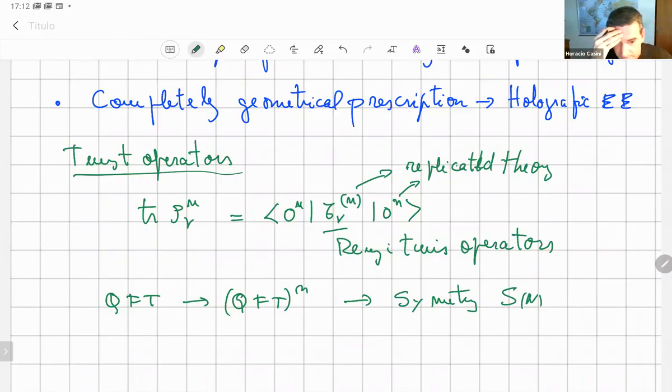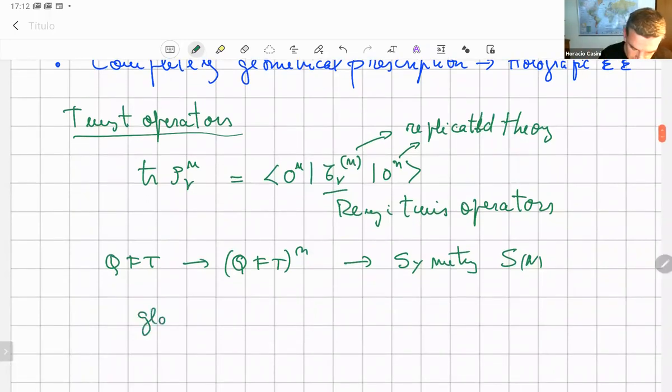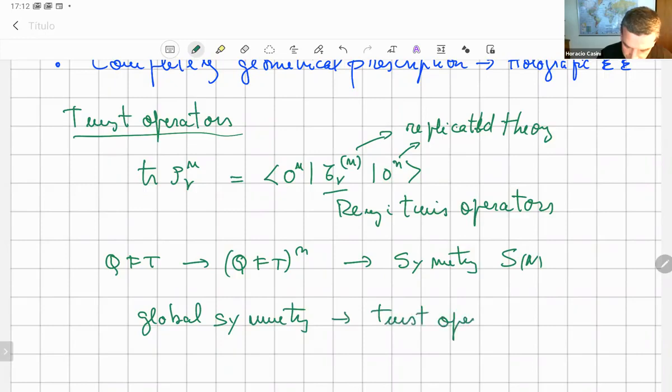And once you have a global symmetry, you have always these twist operators. For any of the elements of the group, you have these twist operators. What are these twist operators?